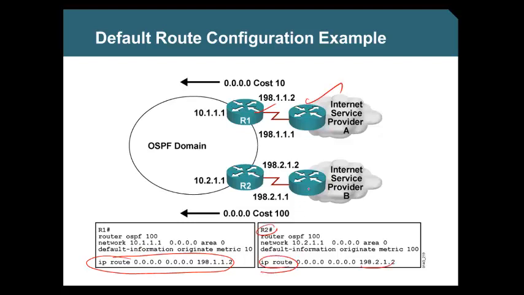And if you want to prefer this one as primary, then you give low cost. 100 is second preference, 10 is low cost, preferred. So router 1 will inject a default route with cost of 10. Router 2 will inject the default route with cost of 100. Which one will everyone follow? 10 they will follow. If this fails, then automatically they will fall back to this one.